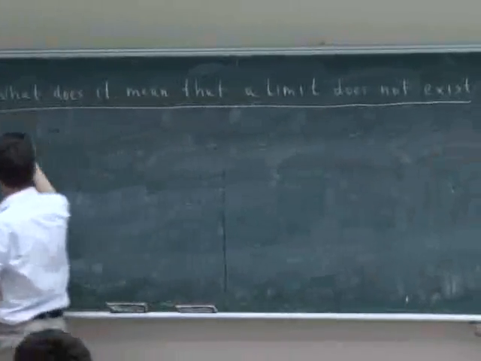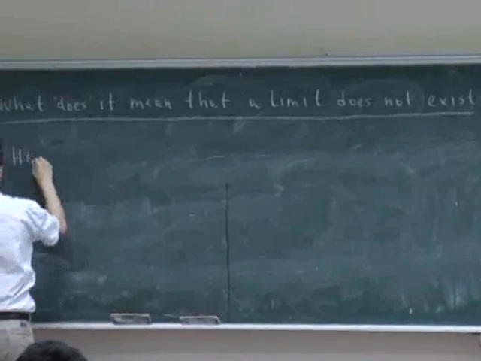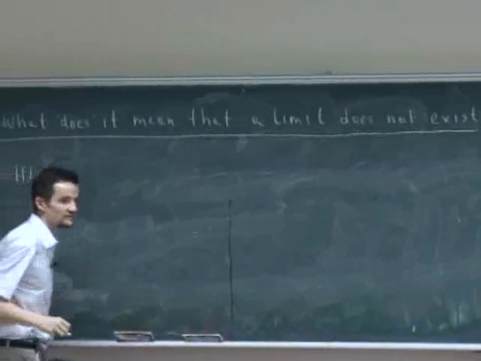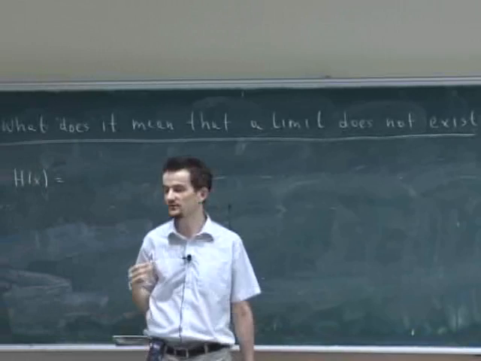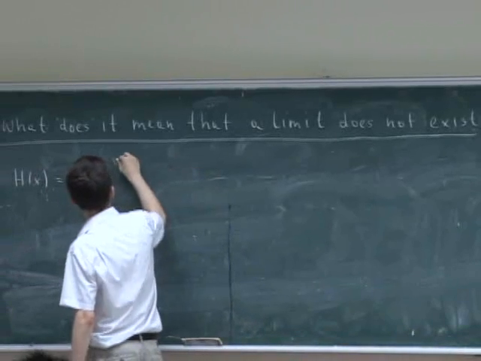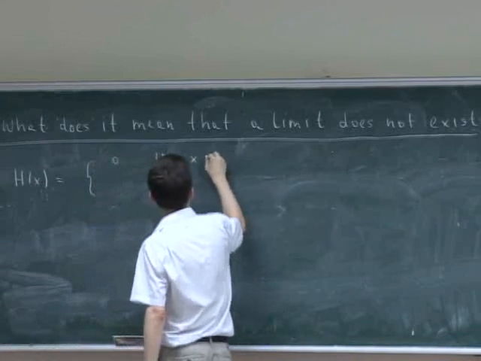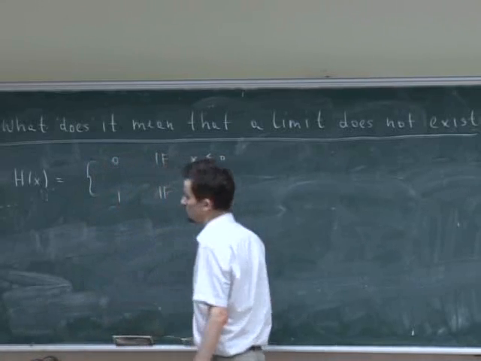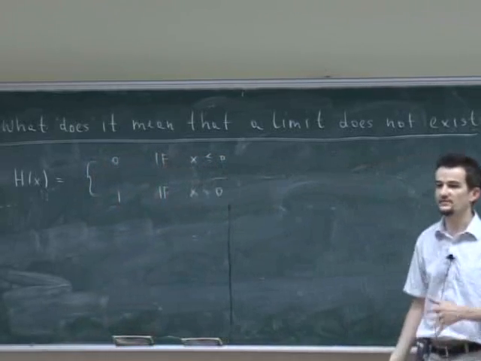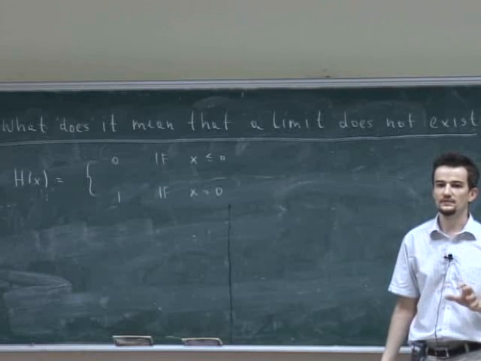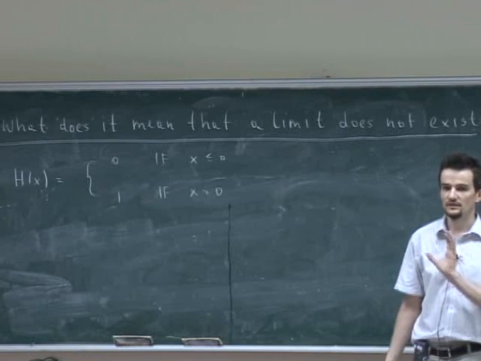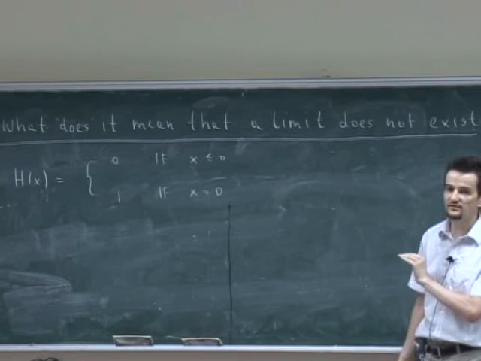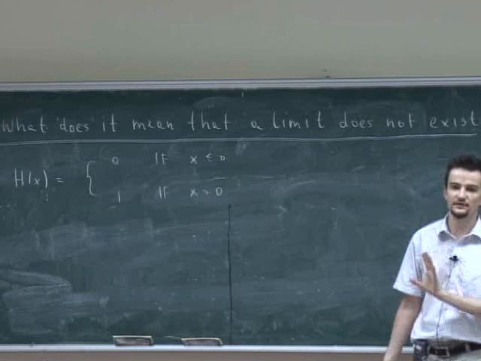Okay, so maybe let's go back to our most simple example where the limit does not exist, namely the Heaviside function. So we have 0 if x is smaller or equal than 0, and 1 if x is larger than 0. And we saw already, intuitively, that the limit here does not exist. But maybe it's worth it to study one example to see how this relates to the definition.